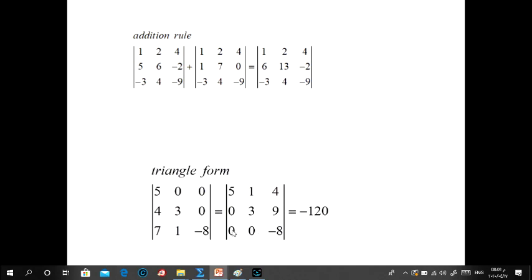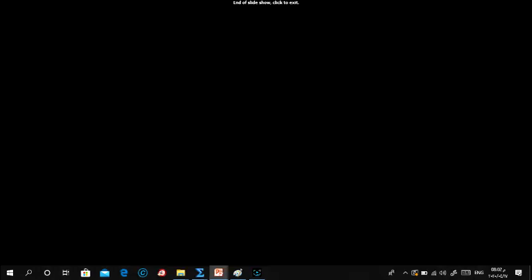Triangular came from the shape the zeros form, a triangle. So they called it the triangle form or triangular form. If I have three zeros in this place or in this place, just multiply this diagonal together. And this is finished for today.